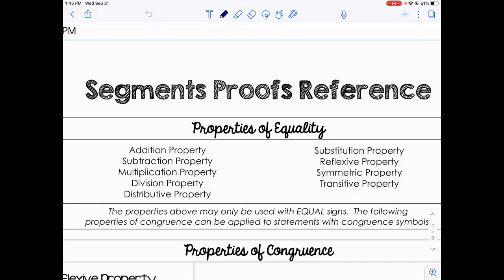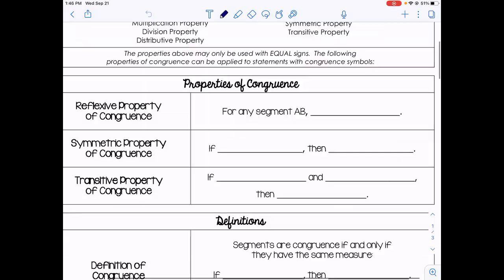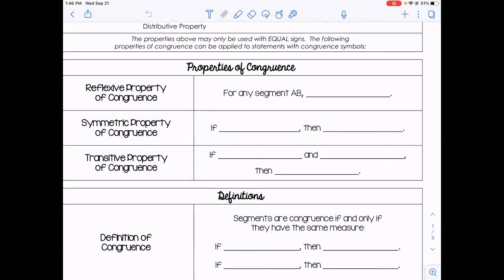Now, we also have some things we need to talk about in terms of congruence. So that's what we're going to add right here. Reflexive property. For equality, we wrote down like A equals A, right? Well, we're going to talk about segments and we're going to talk about congruence.